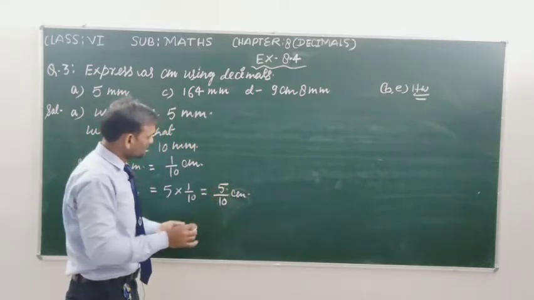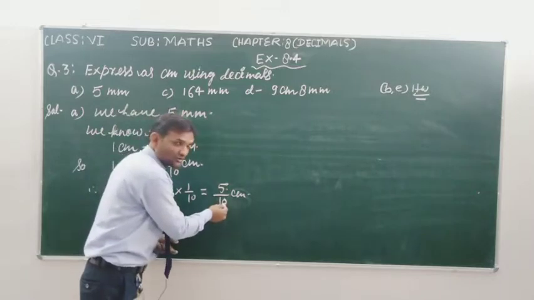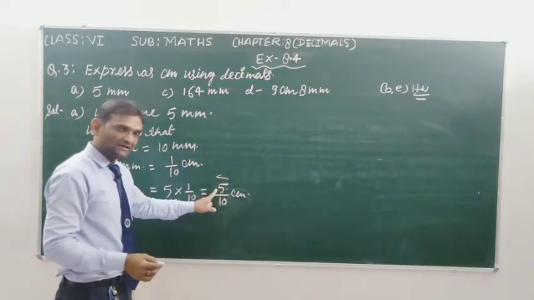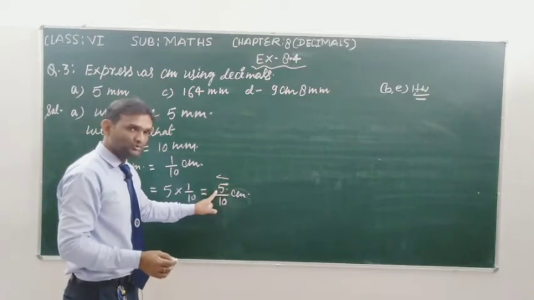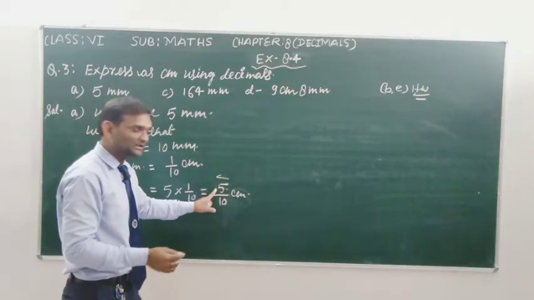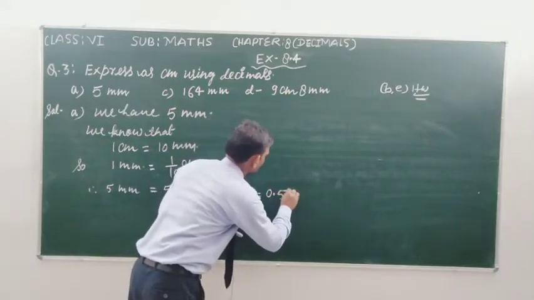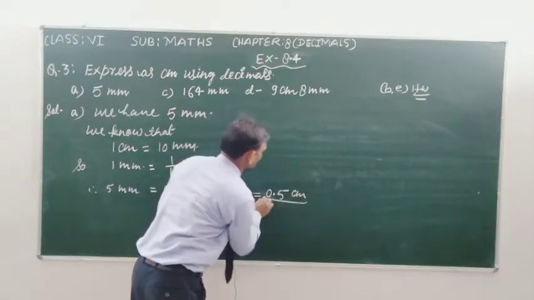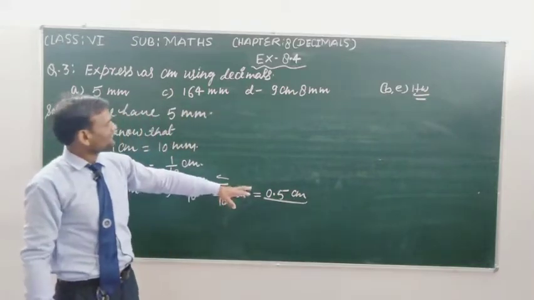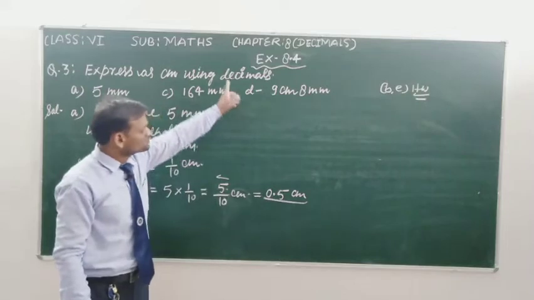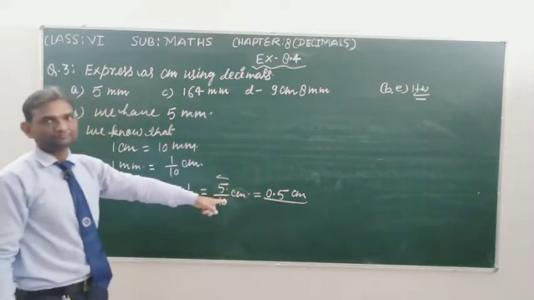So this has 1 zero, so the decimal point will shift to the left side one digit, means before 5 you can use the decimal point. So we can write 0.5 centimeter. Now you are seeing that you have written your answer in centimeter by using decimals.